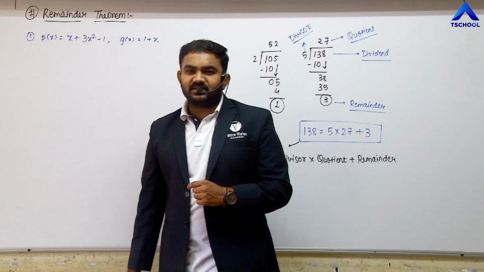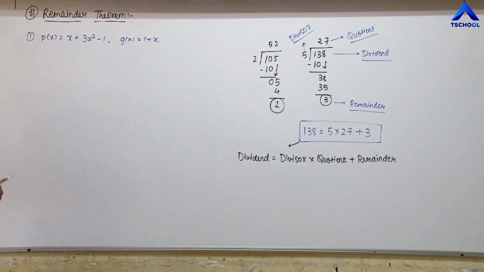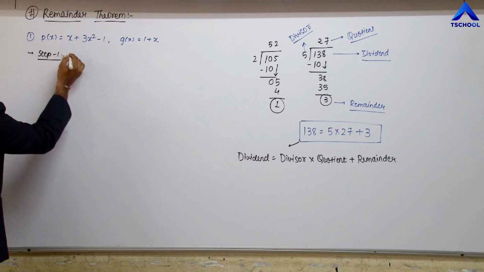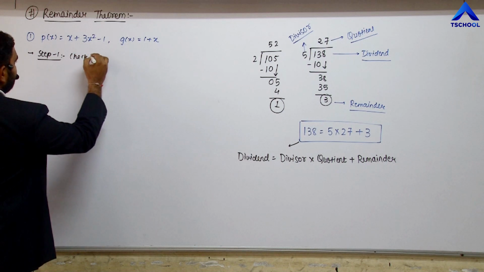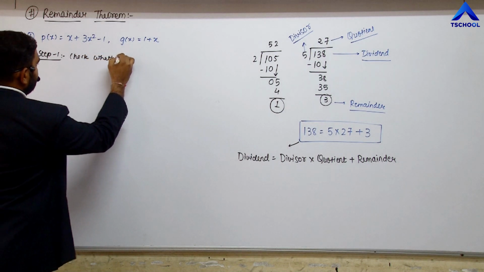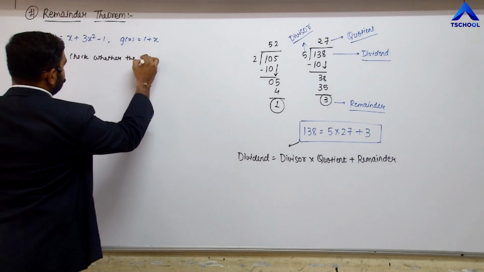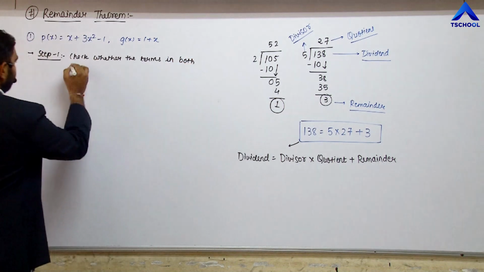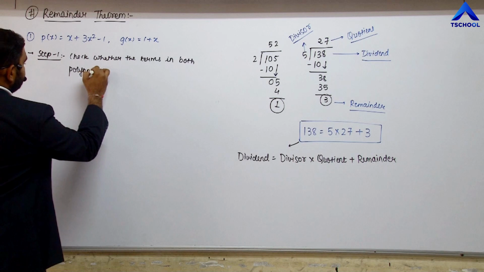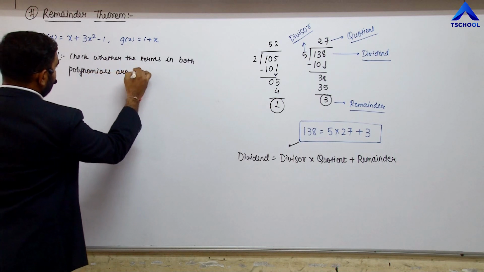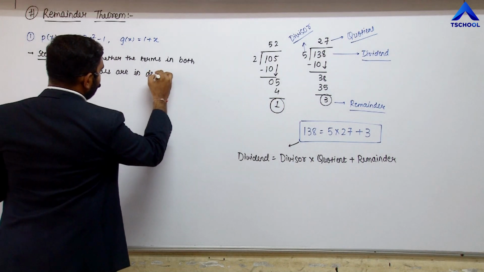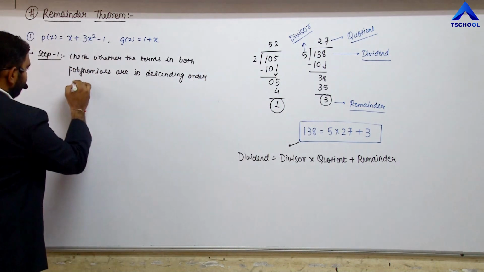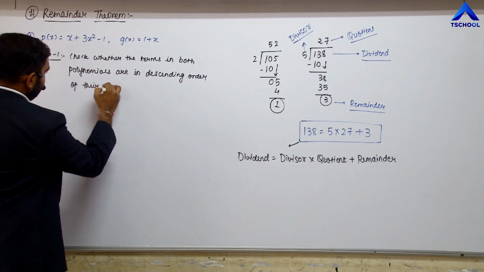So to perform this division, first of all, step number 1: check whether the terms in both polynomials are in descending order of their powers.